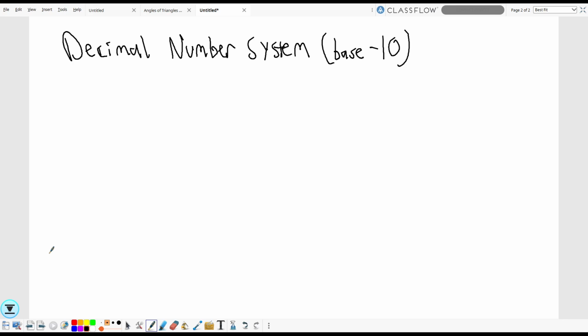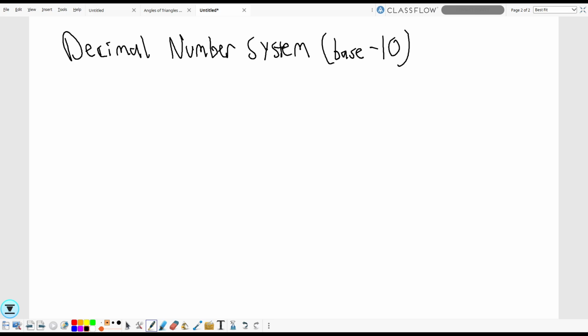Deci comes from the Latin word for 10, and this is the number system everyone uses. 99% of people will use it for most of their lives, but computers do not really like the decimal number system. That's why we're going to learn about these different types of number systems.